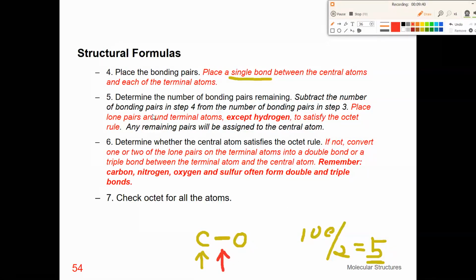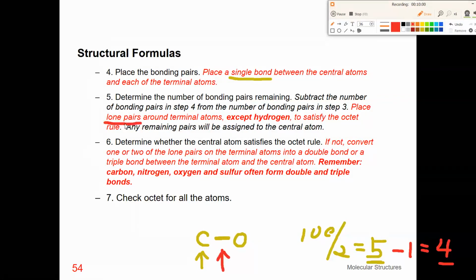So you need to subtract 5 minus 1. So there are 4 bonding pairs of electrons left. Then put the lone pairs.